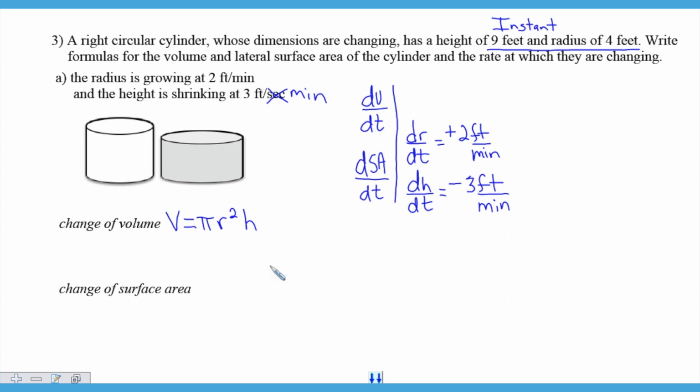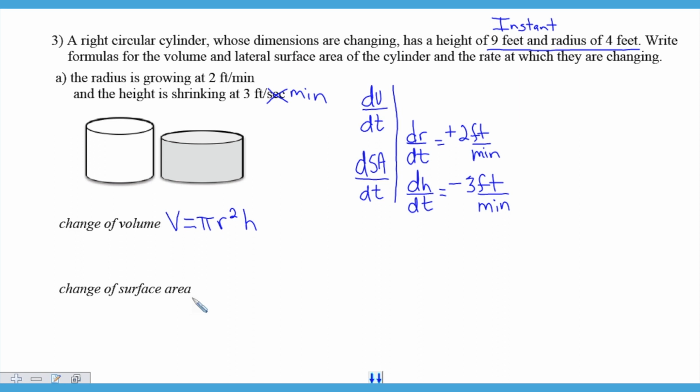And then we need to know the surface area of a cylinder. Well, what is that? Oh my goodness. So the surface area of the cylinder, we're going to assume that this does not have a top and bottom.